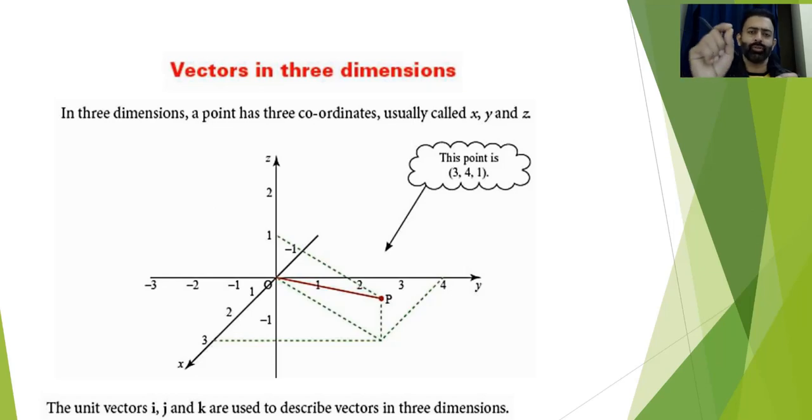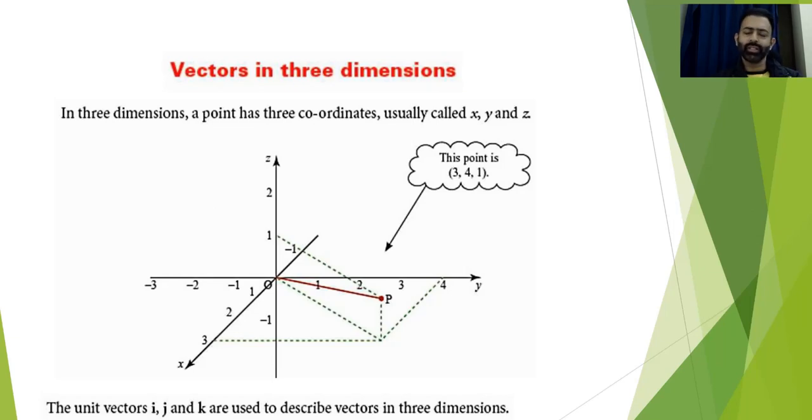If I call the point P, it can be given by the position vector i cap plus 2 j cap. Since the x coordinate was 1, the component along the x-axis is just 1, so I will write this as 1 into i cap plus 2 j cap, because the y coordinate was 2.